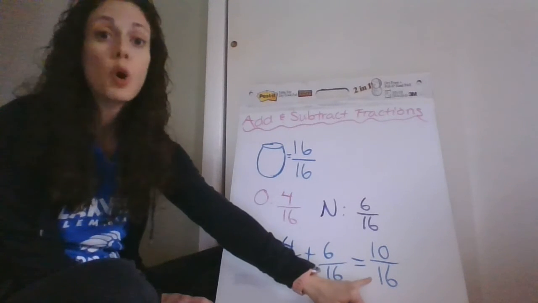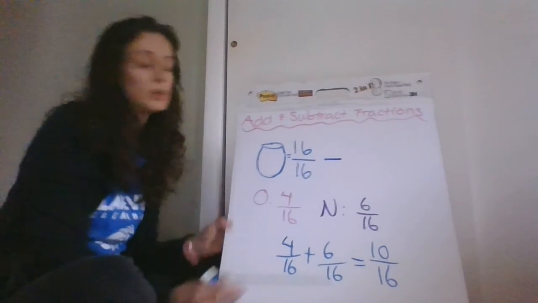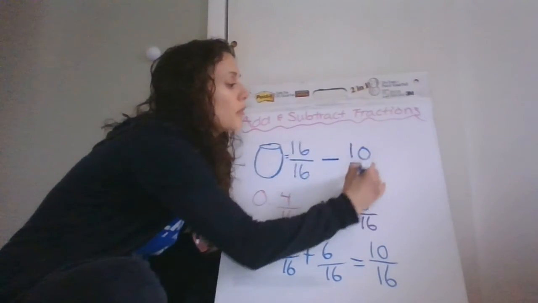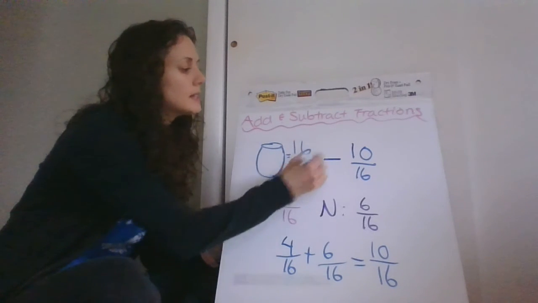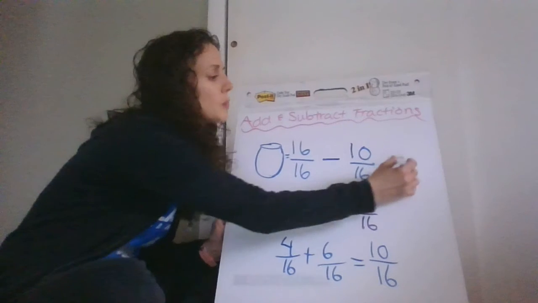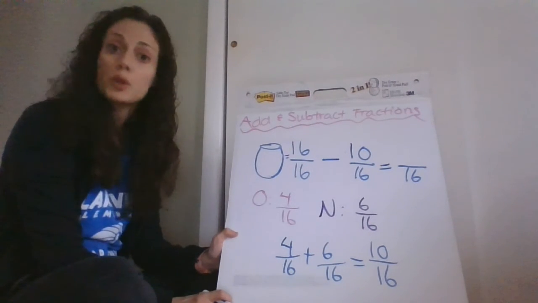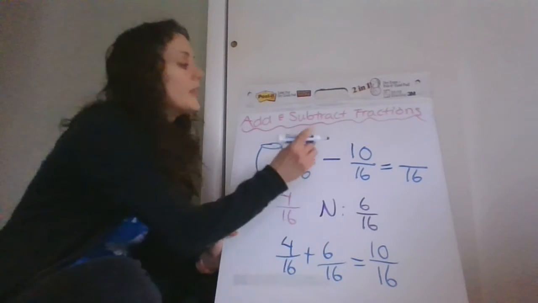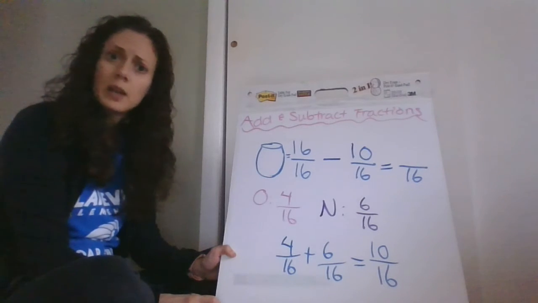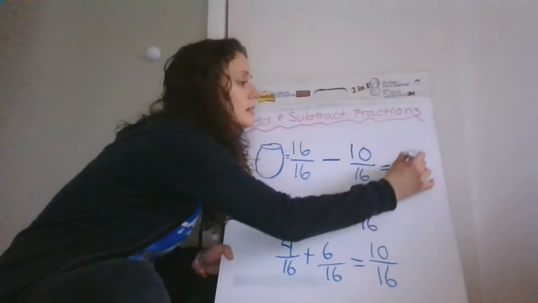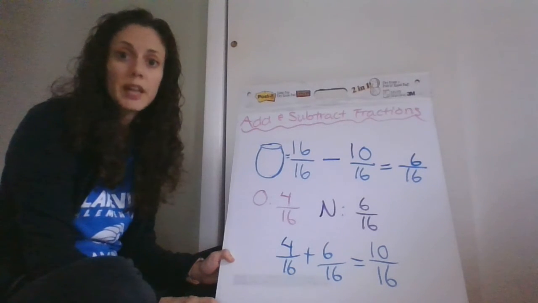So I have to take the total amount that the kids drank and subtract it from the fraction that represents the whole jar. 16 sixteenths minus 10 sixteenths, well, I know that the denominator is going to remain as a 16 because the total number of parts does not change. Then I have to take 16 and subtract 10. 16 minus 10 gives me 6 sixteenths left over in the jar altogether.